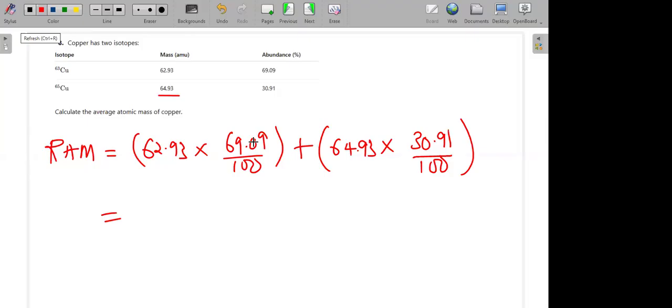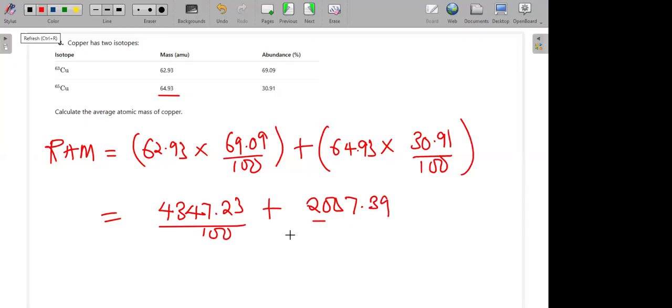If I multiply 62.93 by 69.09, I get 4347.23 divided by 100, plus, when I multiply the other, I get 2007.39 divided by 100. Then I can punch this on my calculator to get the full answer.